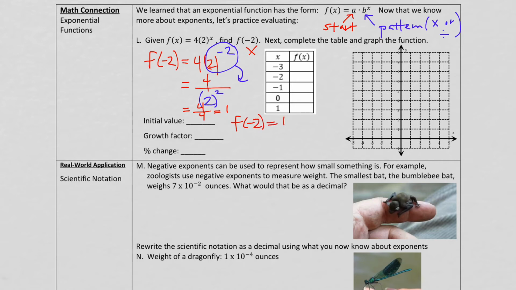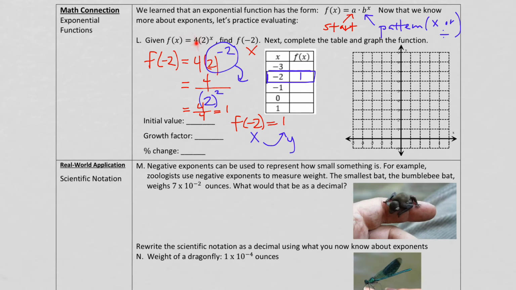And again, all this means in fancy notation is that when x is negative 2, y is 1. So on the table, when x is negative 2, that's here, the function is going to output a positive 1.